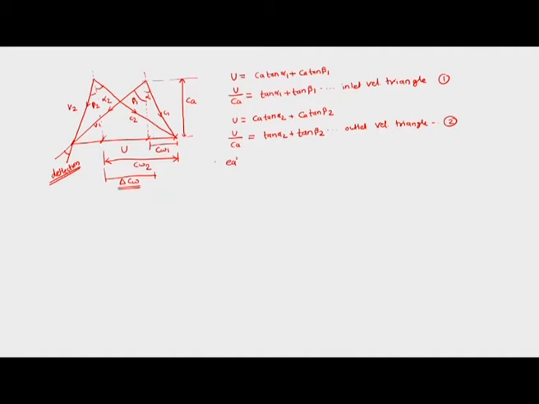So from equations 1 and 2, u upon CA is equal to tan alpha 1 plus tan beta 1, equal to tan alpha 2 plus tan beta 2. So we can write tan alpha 1 minus tan alpha 2 is equal to tan beta 2 minus tan beta 1. We will remember it as equation number 3.